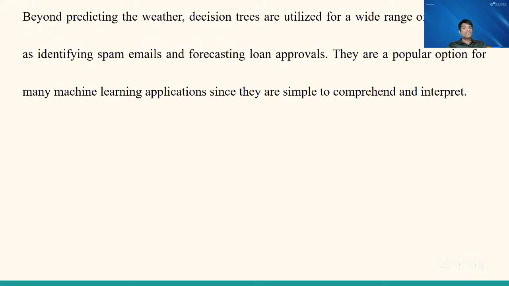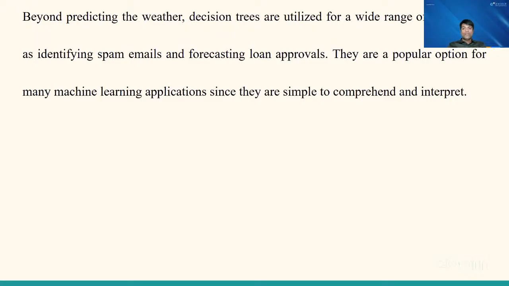Now, to conclude this, beyond predicting the weather, decision trees are utilized for various things. As I already told you, identifying spam emails, classifying and forecasting loan approvals. That is why I told you in the finance sector I have seen more implementation of decision trees and random forest, because they are very good classifiers in the finance field.